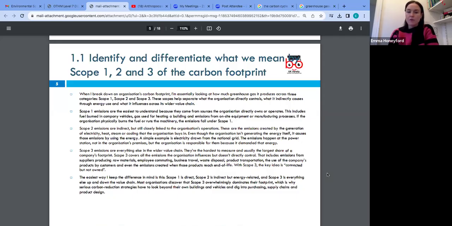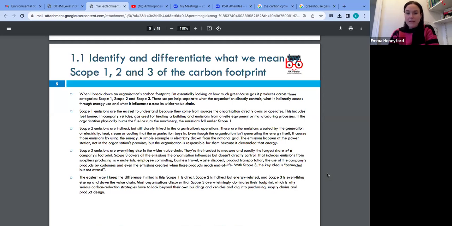Scope 3 covers all the emissions the organisation influences but doesn't directly control. That includes emissions from suppliers producing raw materials, and employee commuting, so any travel that employees take back and forth to an office, be it by train, tram, car or bus.